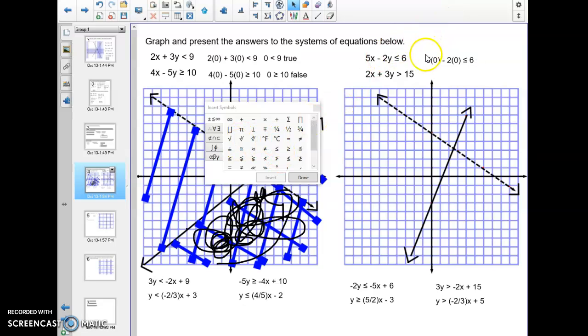Well, that leaves me with 0 is less than or equal to 6, which is true. 0 is less than or equal to 6. So now I'm going to shade toward the 0, 0. So this right here goes this way.